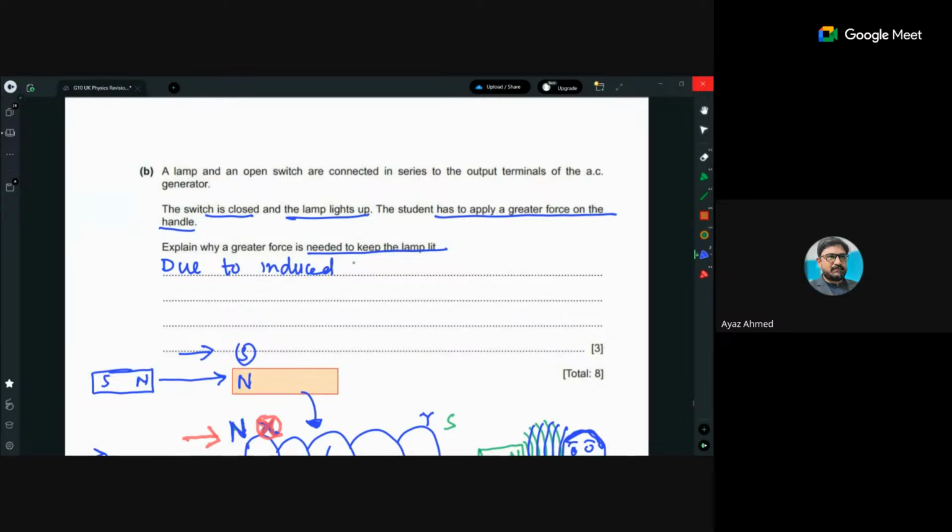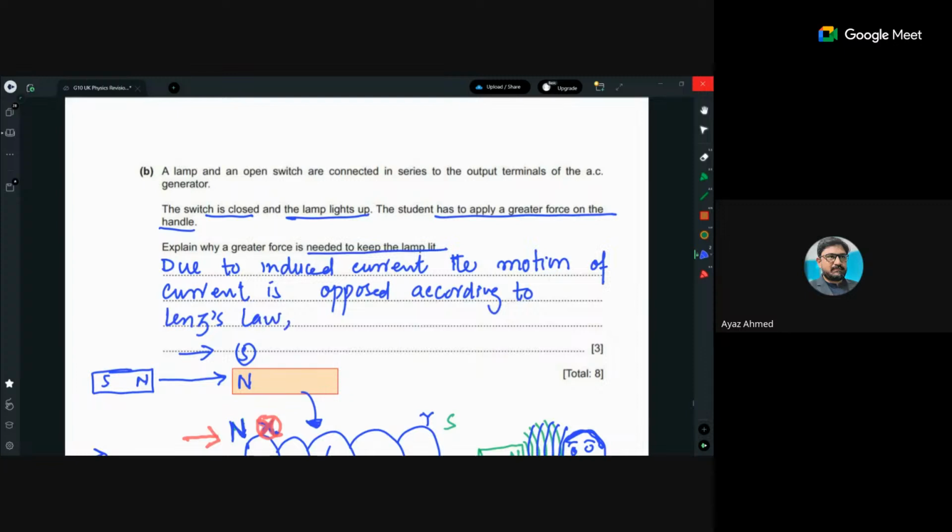No, just due to induced current, the motion of the coil is opposed according to Lenz's law. You have to refer to this one. Lenz's law. Okay?